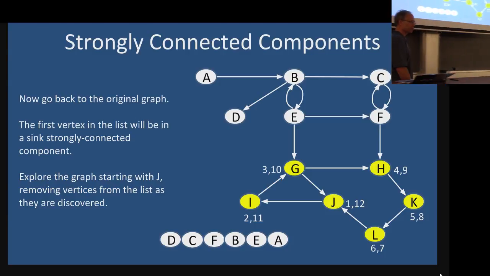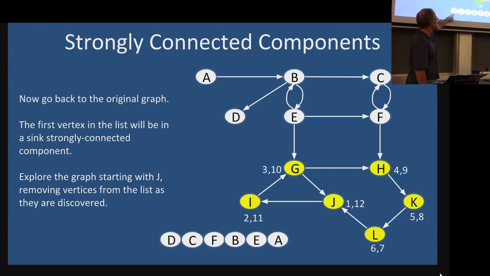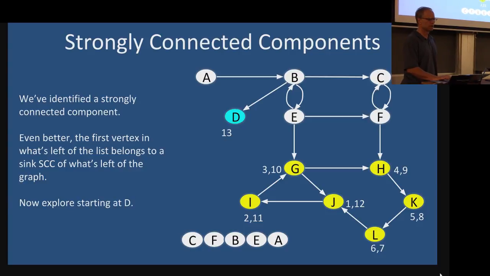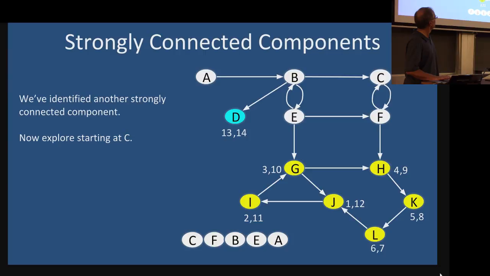Let's restart depth first search. It turns out that we do D. Turns out this order, we don't have to do anything about the ordering. This one is going to have the highest remaining post time, so we start there. Then we restart at C. So we're sort of peeling off the sinks.